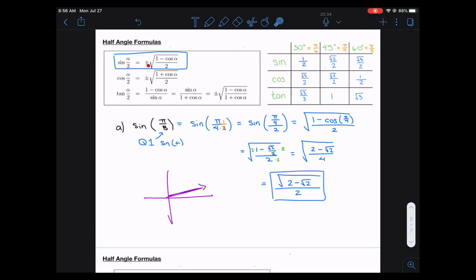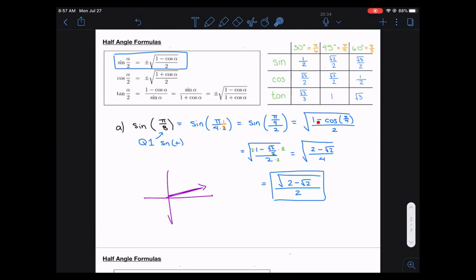So here you don't have to worry about the negative sign; it's just going to be positive. So the first step is to identify what angle the half angle is coming from. The second step is to determine what quadrant it's in, to determine if it's positive or negative. And then you can plug everything in and evaluate.